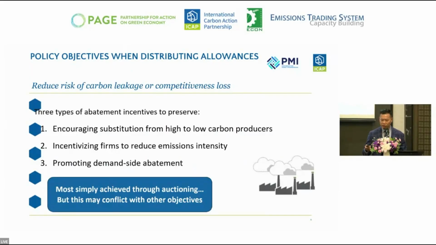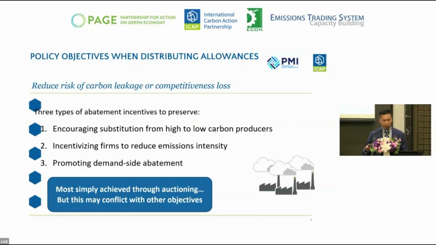We incentivize firms to reduce emission intensity, and we promote demand side abatement. If we want to achieve that objective, the easiest way is to do it with auctioning, because only with auctioning do the companies get the pressure.